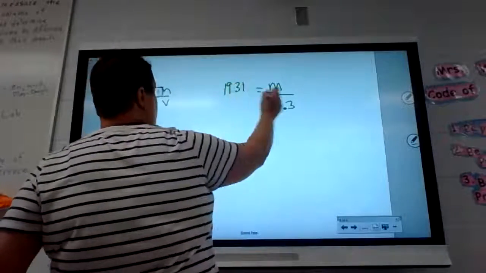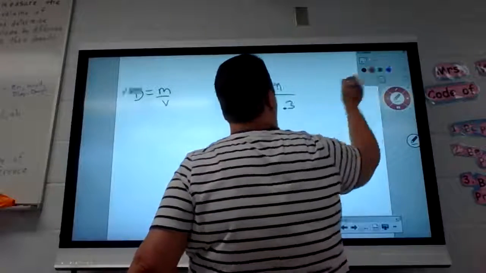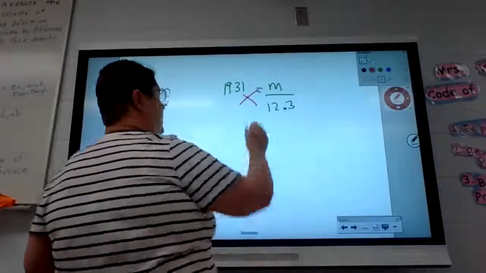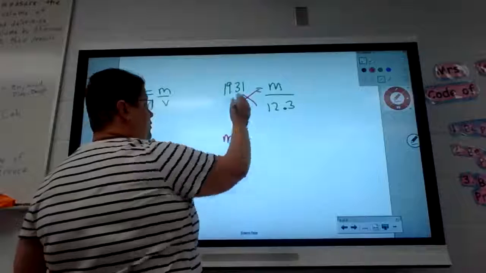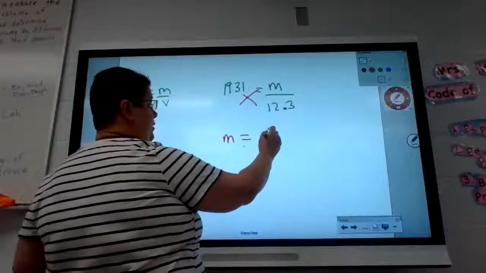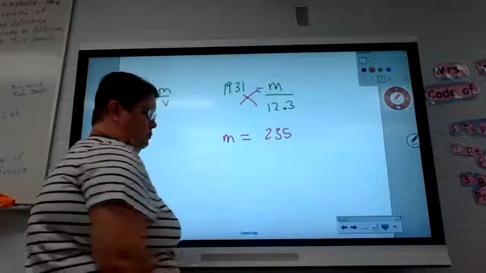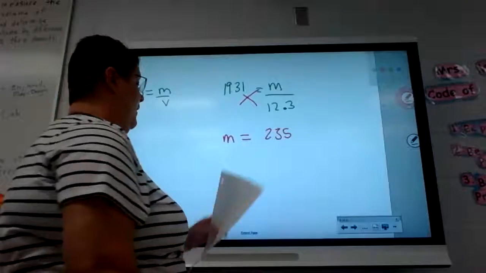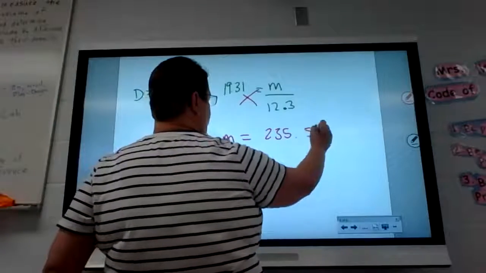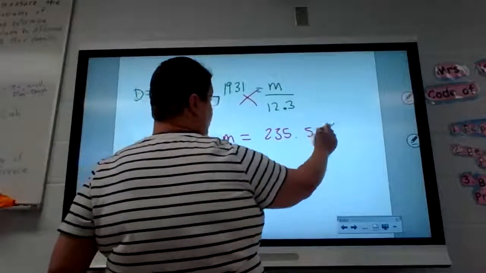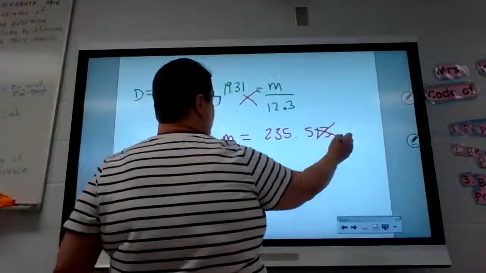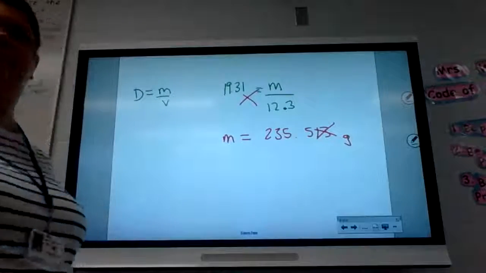All right, so when you go to solve, cross multiply, mass equals, and so you get 235 point, a bunch of stuff, 5.31. I would have rounded that off and just put 5, and then grams.